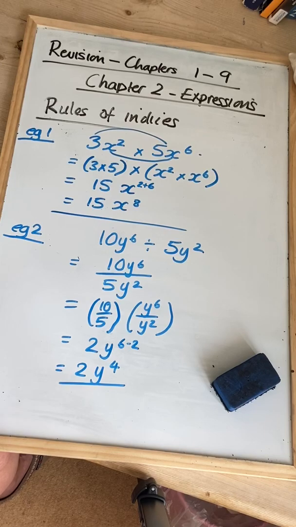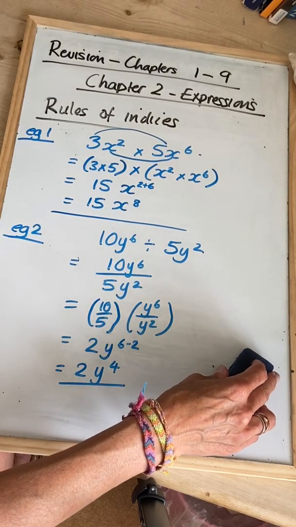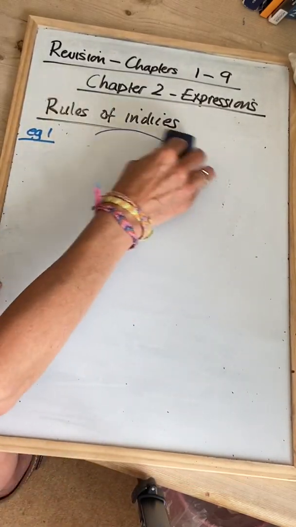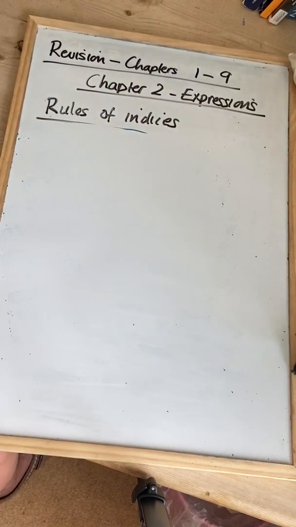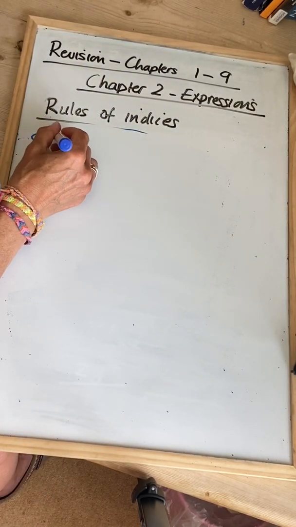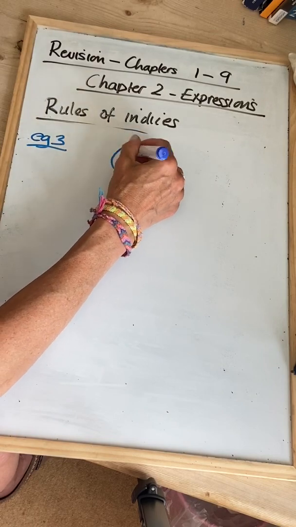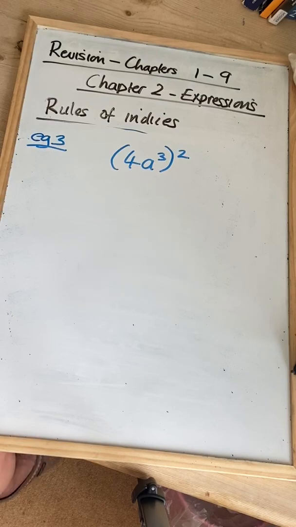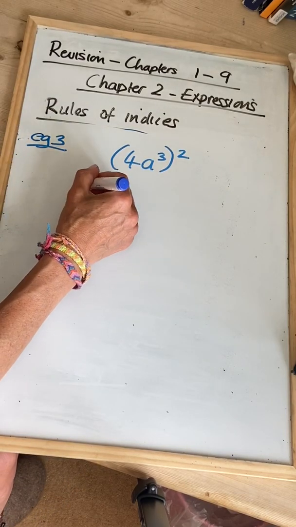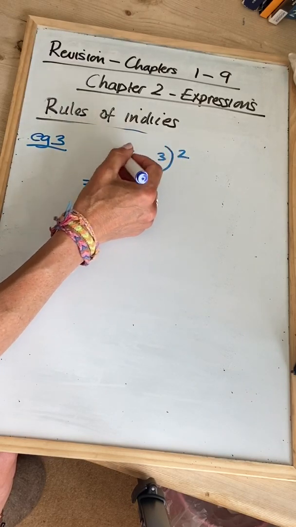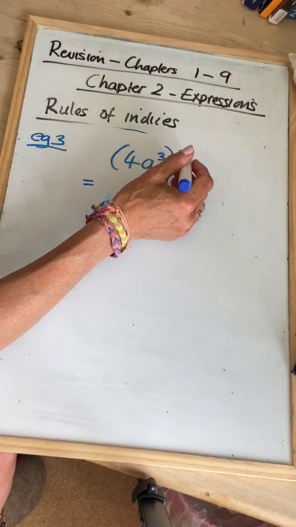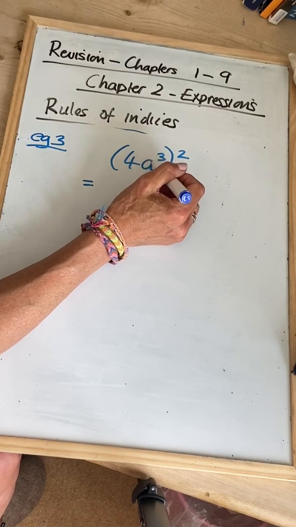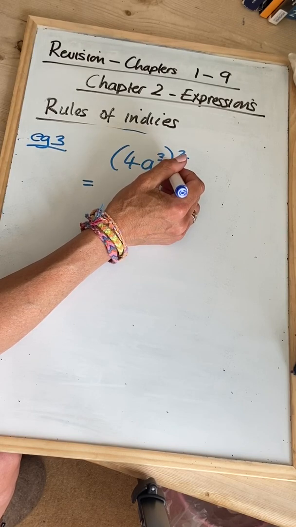Now we're going to have a quick go at some of the ones where you're raising a power to a power. So I'm just going to rub this off. So raising a power to a power. So I've got 4a cubed all squared. Now what this means is that the whole of this bracket, everything inside this bracket has been squared. So I've got to square the 4 and I've got to square the a cubed.